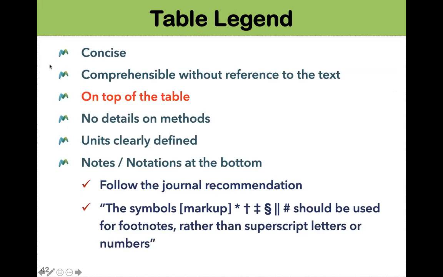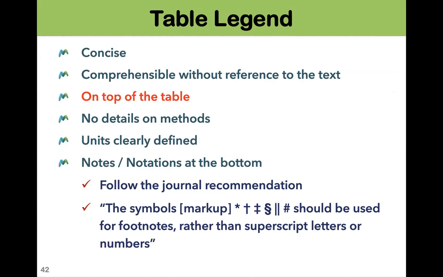And what about the table legend? Table legend is again, it has to be concise. It has to be comprehensive without having to go to the text, right? But the important thing is that the legend for the table is always on top of the table, not at the bottom, right?